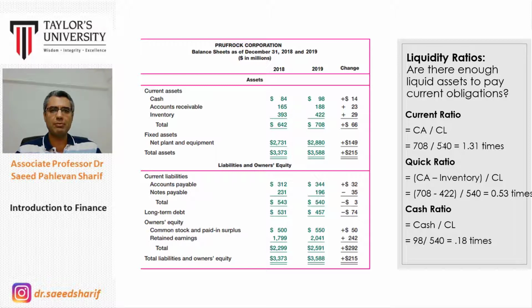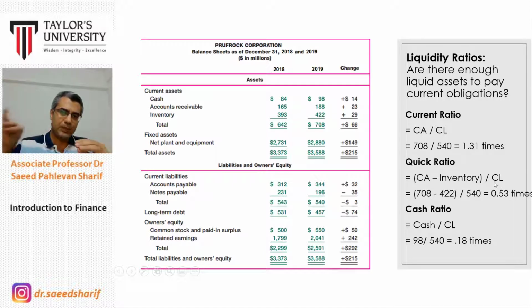So to have a better understanding of the liquidity of the firm, we can use the quick ratio. For the quick ratio, we exclude inventory from the current ratio formula. So it's current asset minus inventory divided by current liability.